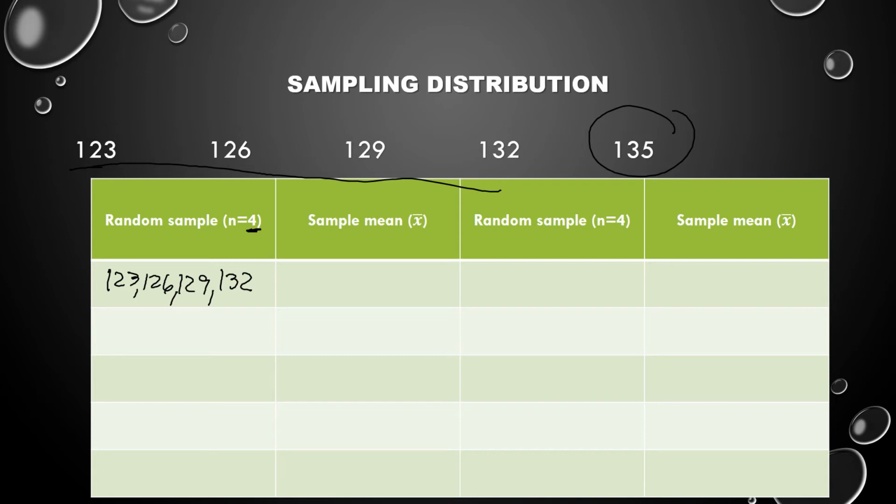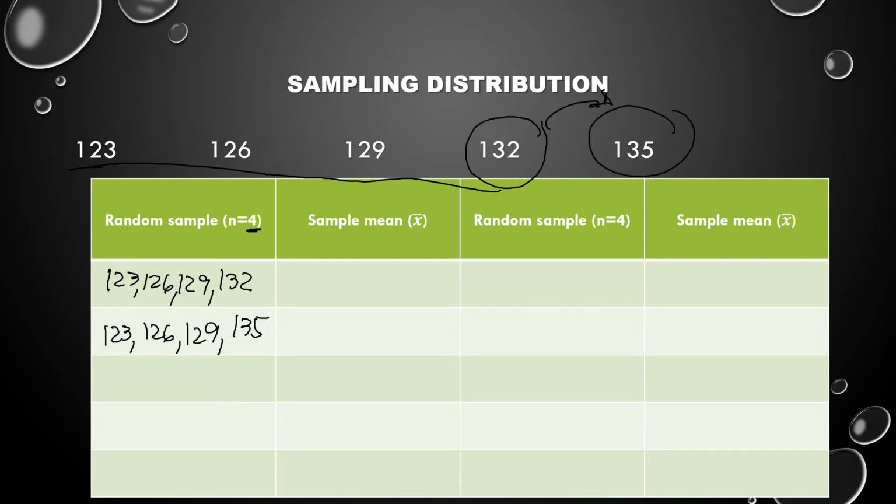So let's try that. Again, the first combination is 123, 126, 129, and 132. For the next combination, we change the last number. So we copy 123, 126, 129, and then change 132 to the number next to it, which is 135.